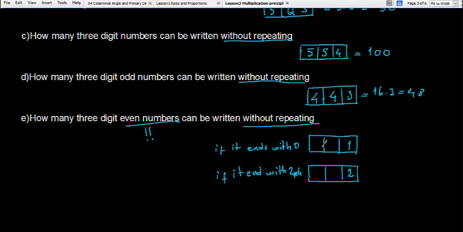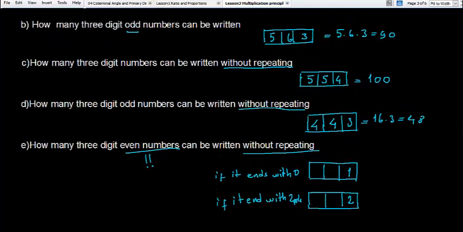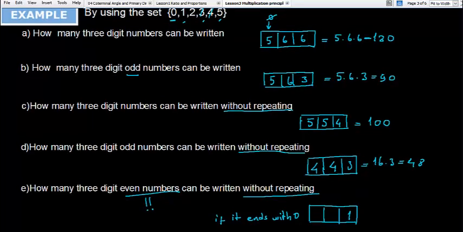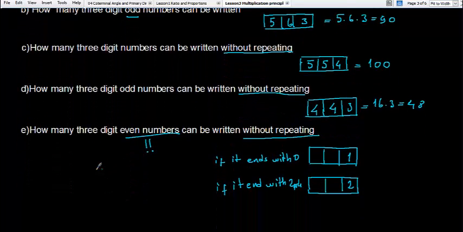And here also, if it ends with 0, I'm going to write the set for better understanding: 0, 1, 2, 3, 4, and 5. If it ends with 0, I used 0.